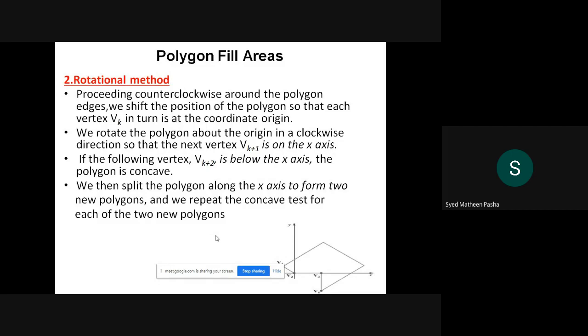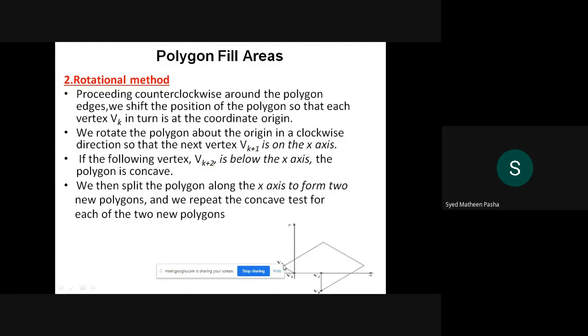What happens in the rotational method? As we saw in the first method, we are just calculating the cross product of each edge. In the rotational method, as we want to perform splitting of a huge number of polygons so that we get a concave polygon, the second method is the rotational method, where we shift the position of the polygon so that each vertex in turn becomes the origin.